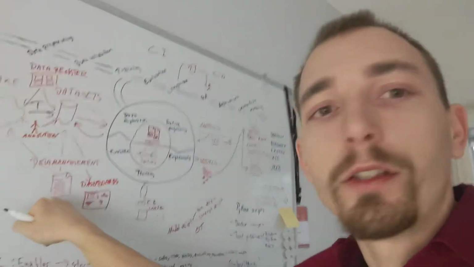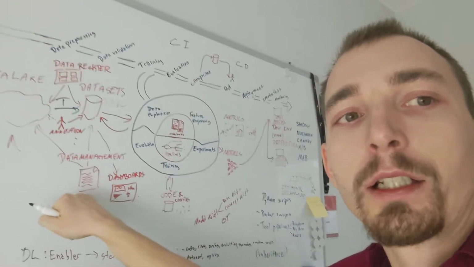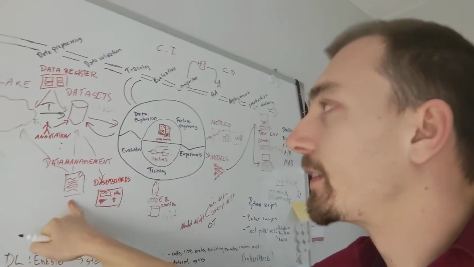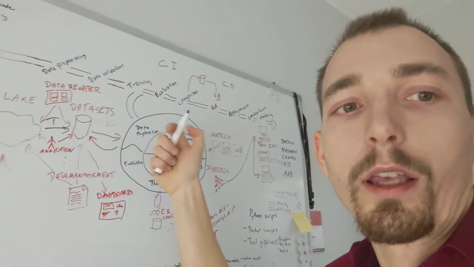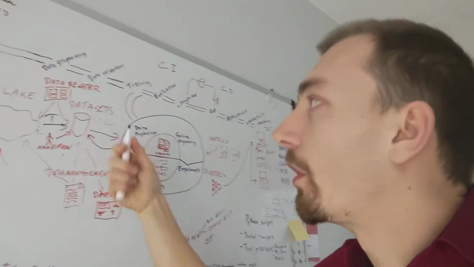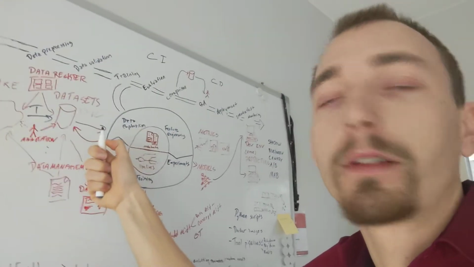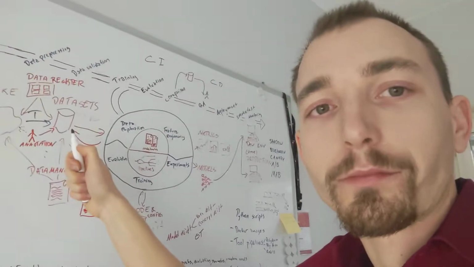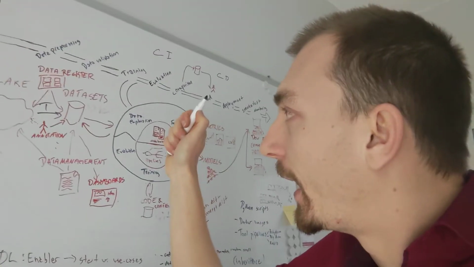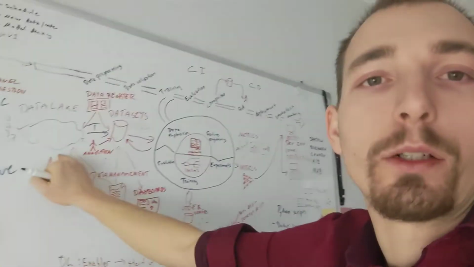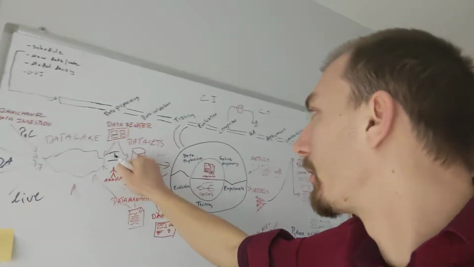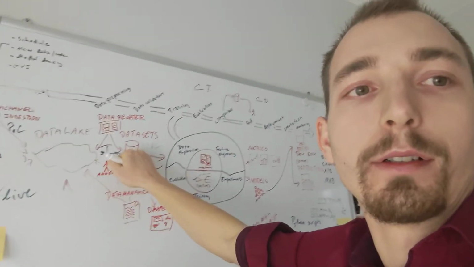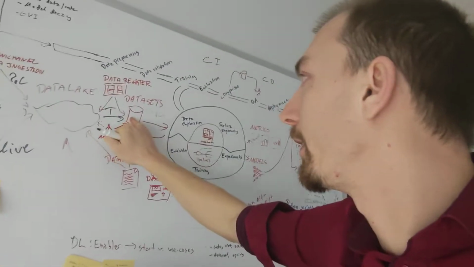So this means that you need to have some kind of database which specifies what persons or what objects are in different data catalogs or different images. And not only in one of the places like the data lake or the data set, but you need to know everywhere where it is replicated.